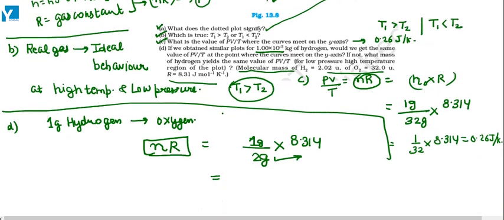So when substituting, actually we should write the precise value as provided in the question, which is 2.02 gram.